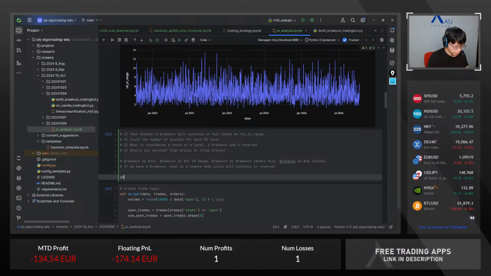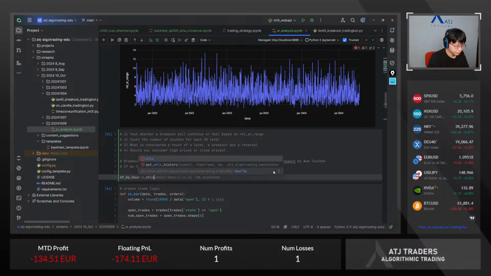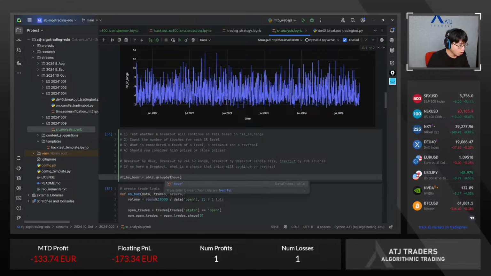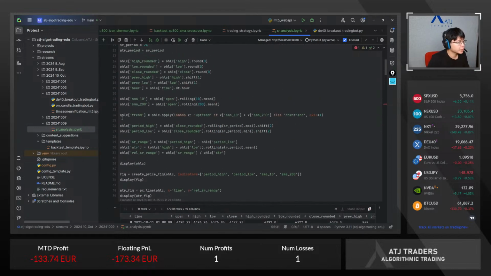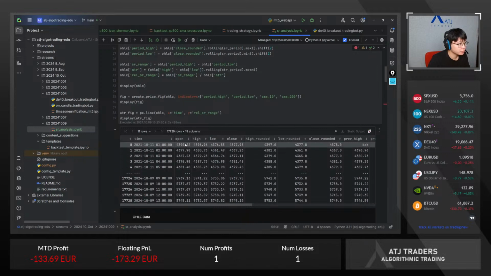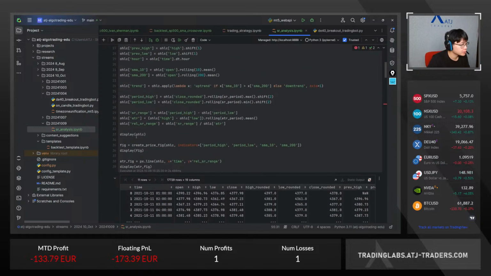So DF by hour is equal to OHLC.groupby hour. Oh, I also need to compute the gain. Because I want to check, if we enter at the open price, I want to know the next open price so we can close it at the next open price.